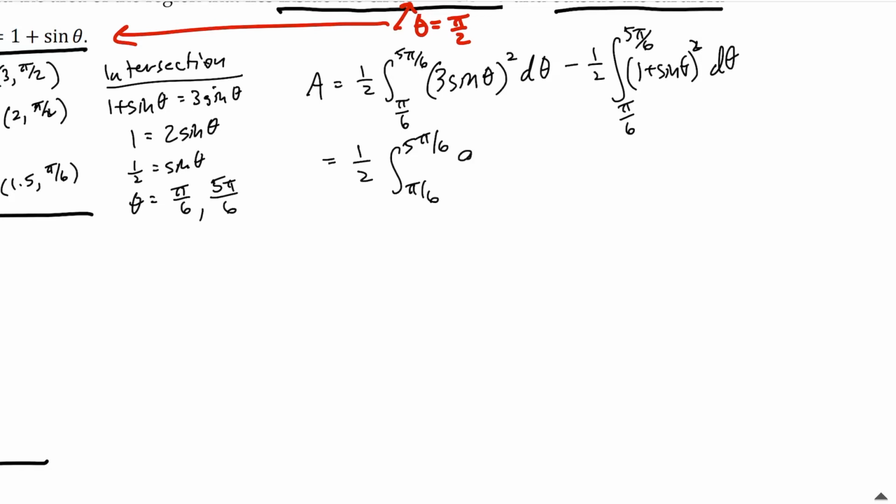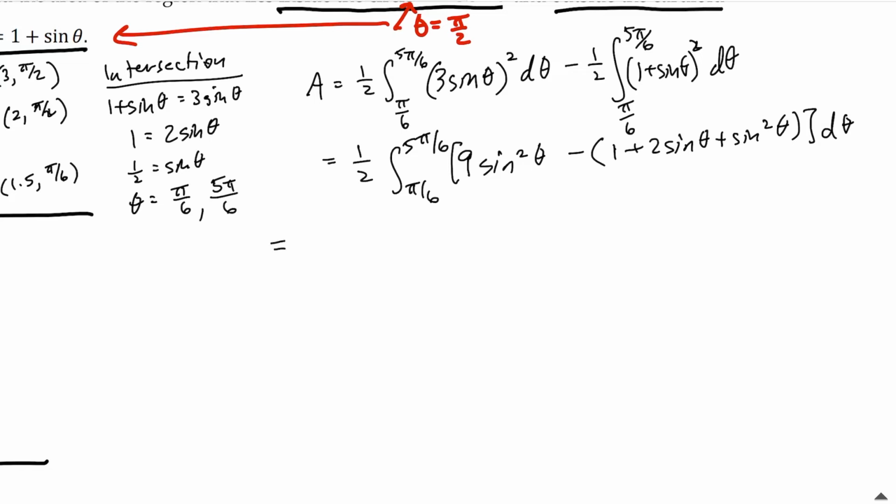So 3 sine theta squared will be 9 sine squared theta minus, and then 1 plus sine theta squared is going to be 1 plus 2 sine theta plus sine squared theta d theta. So now I can go from two integrals to 1. And this is going to be something that we can do quite often with this area between, but not always. We're going to have to be a little bit ingenuitive about some of our approaches.